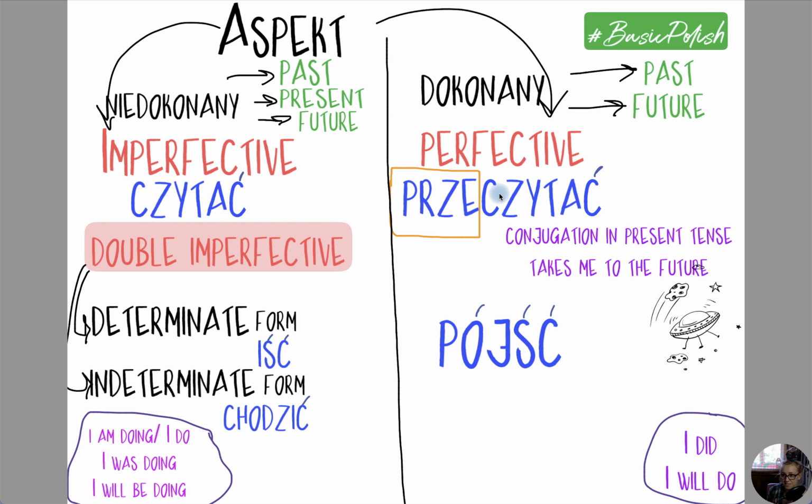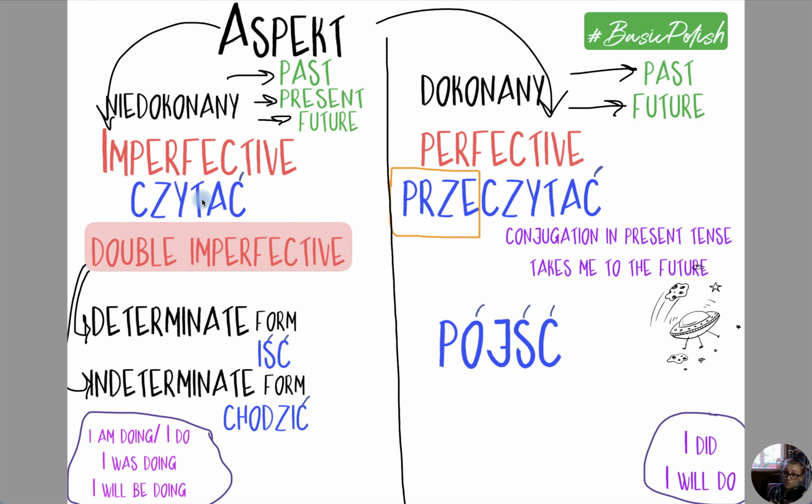You cannot say something that you do or you are doing using the perfective forms. They are not designed for you to do that. So only by conjugating imperfective verbs can you say that you are doing something or you do something. Okay?